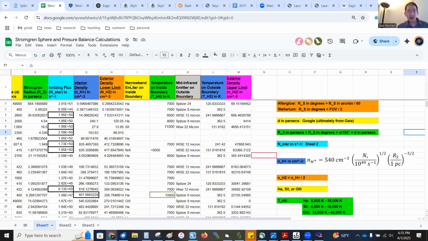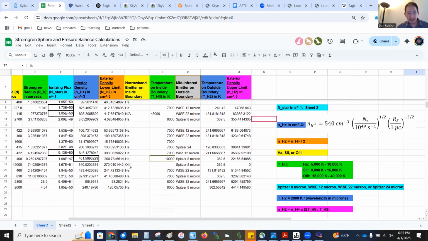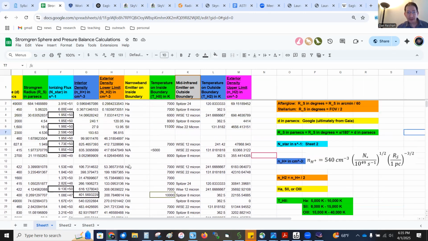In this column, you're going to list the narrowband emitter on the inside boundary. It's mostly H alpha. I should say, in some cases, you may not see anything. And that just means that the temperature on the inside boundary was less than 5,000.